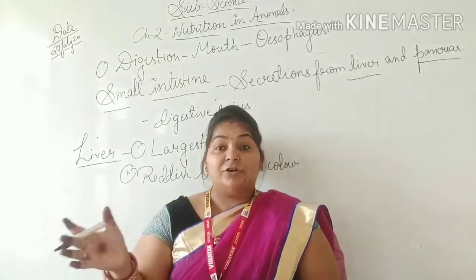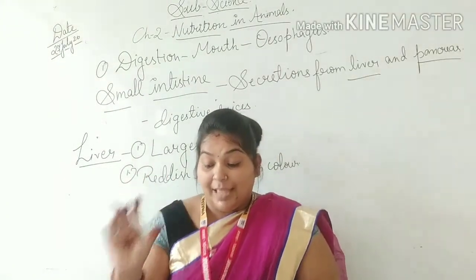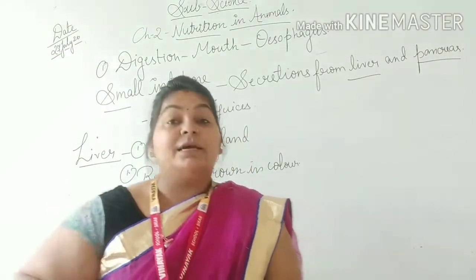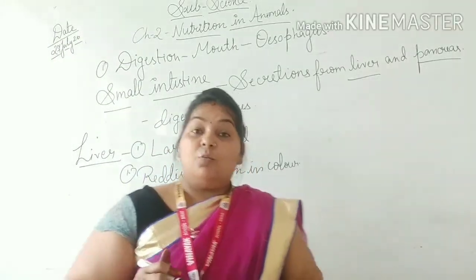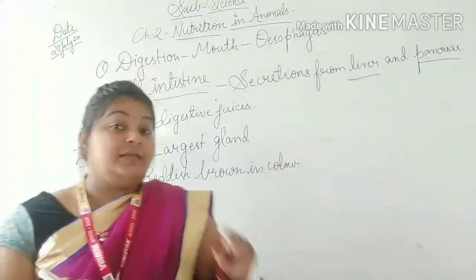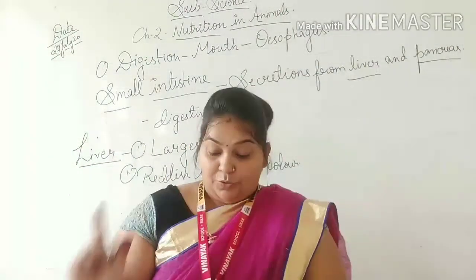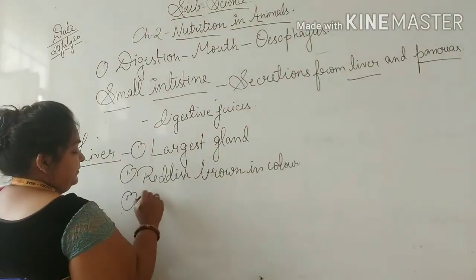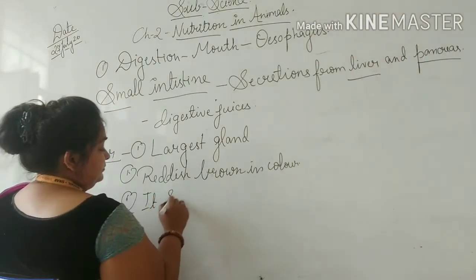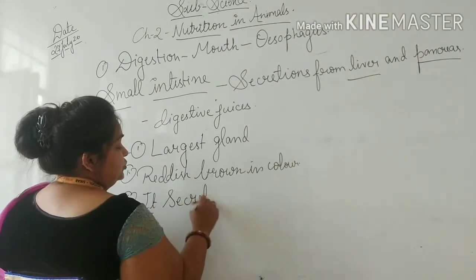On the left side of your book there is a diagram, and in that you can see clearly what the liver looks like. Now what does the liver secrete? It secretes bile juice, which helps in the digestion of fats.